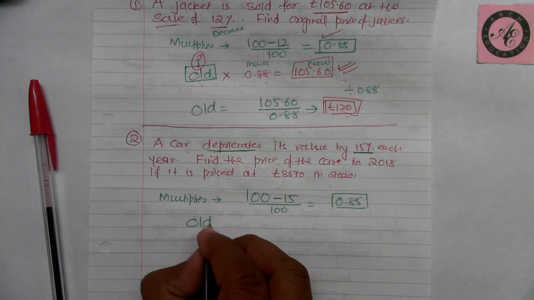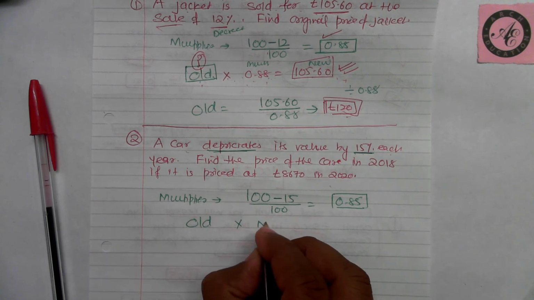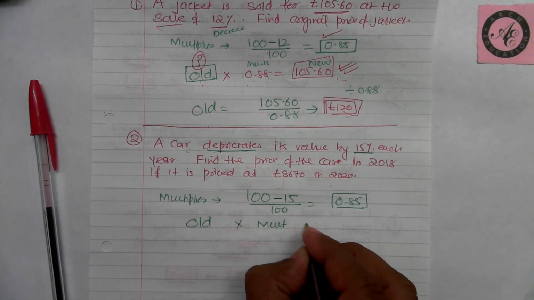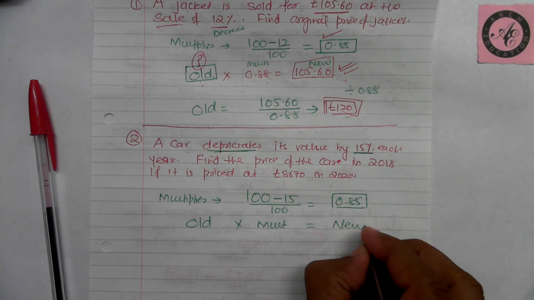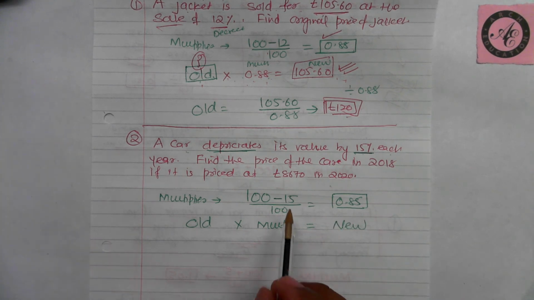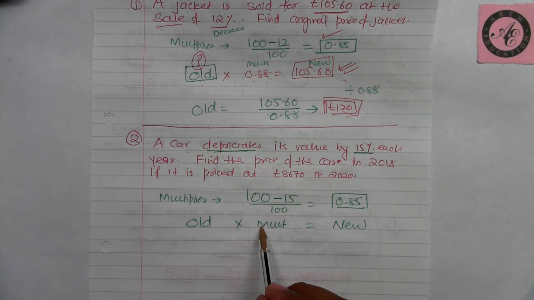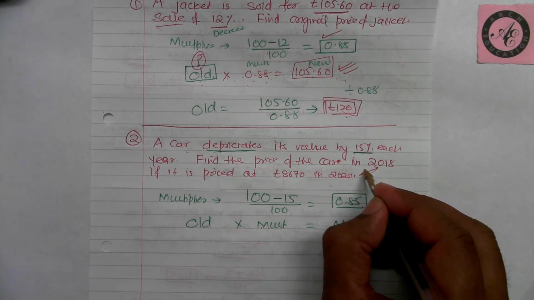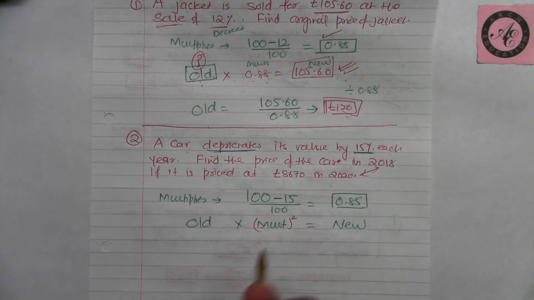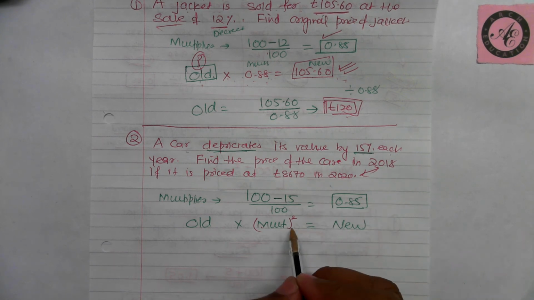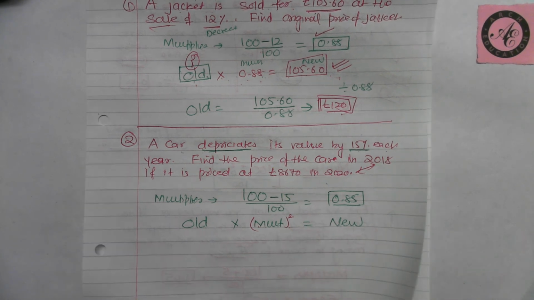Same old equation: old times multiplier equals new. But then you're going to see that this multiplier is multiplied by itself again, because we're looking at 2 years, so it will be to the power 2. If it was 3 years, that would be to the power 3, like we did in the previous questions over here.